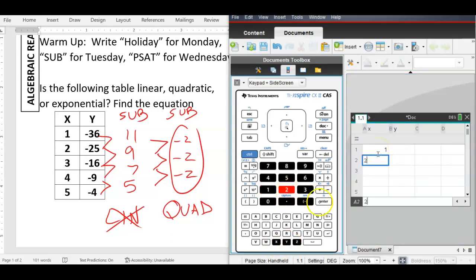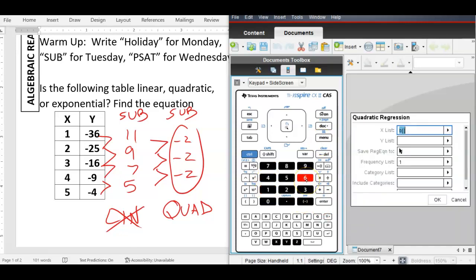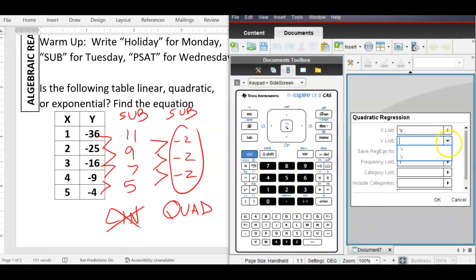And then we just type this in real quick. Negative 36. Okay, I type it all in. I hit menu 416. X is x, y is y.